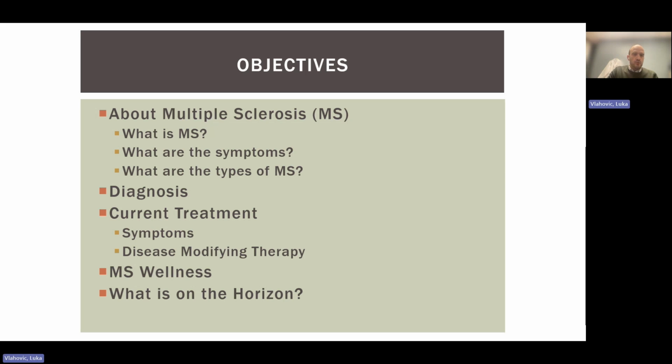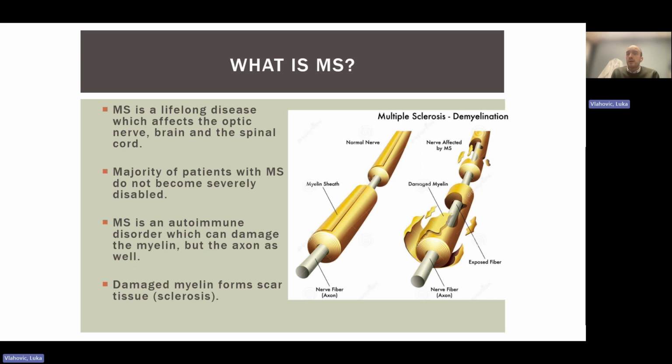So in general, what is MS? It is a lifelong disease that predominantly affects brain, spinal cord, and optic nerves. It is also important to make a distinction to some other autoimmune diseases, in particular rheumatological diseases that can affect multiple organ systems.